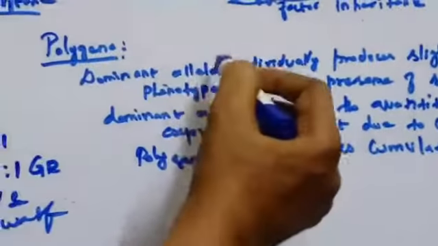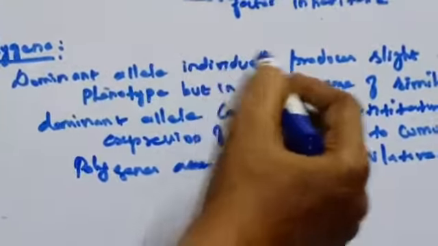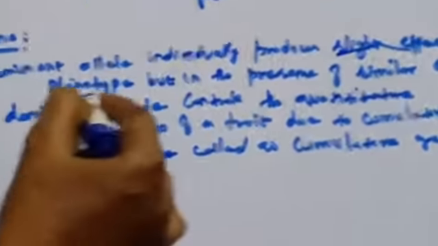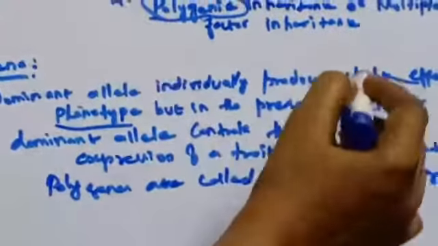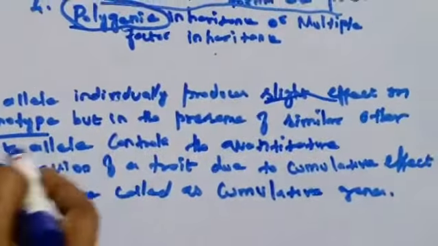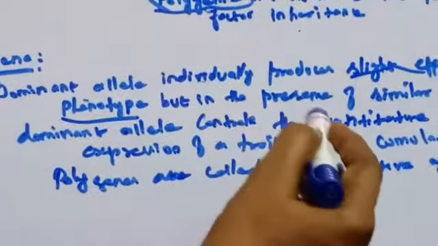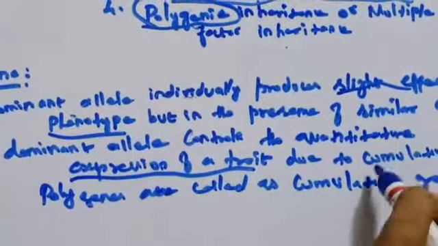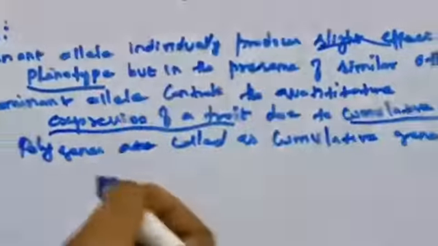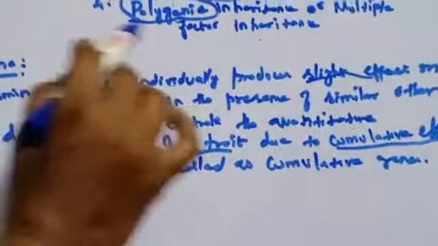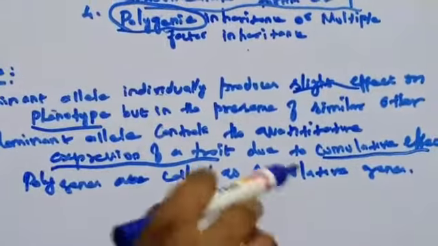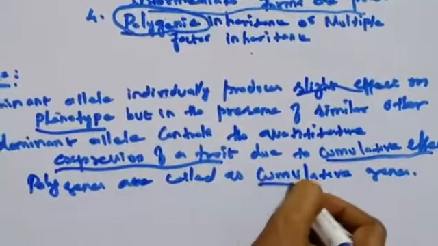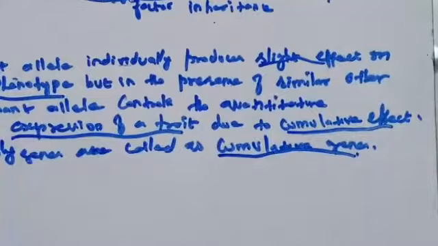Polygene means a dominant allele individually produces a slight effect on the phenotype, but in the presence of similar other dominant alleles, it controls the quantitative expression of a trait. Due to what effect? Cumulative effect. It will be clear when we see the example for this polygenic inheritance. Polygenes are otherwise called cumulative genes.